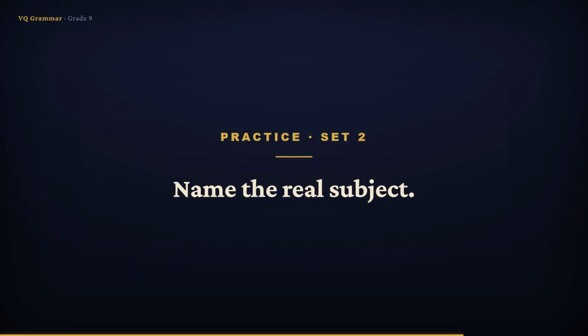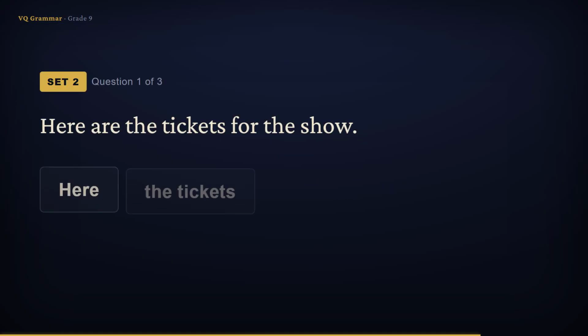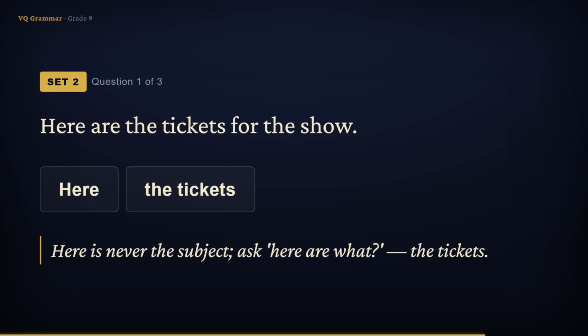For this second set, each sentence starts with there or here, or is a question. Your job is to name the real subject. Remember to rearrange it into normal order first. Pause and try each before I answer. Here are the tickets for the show. It's tempting to pick here, but here is never the subject.